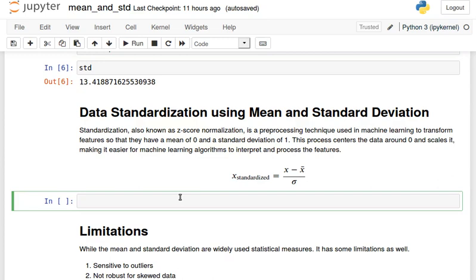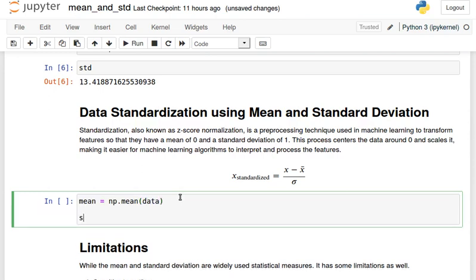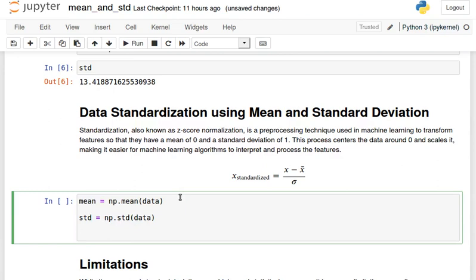Let's do it. First, we find the mean of the data, similar to the above example. Then we find the standard deviation. Then we find the standardized data.